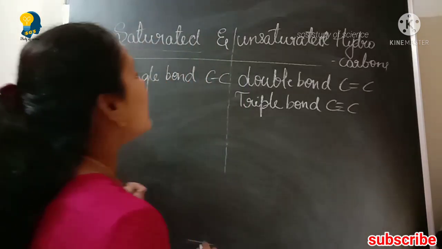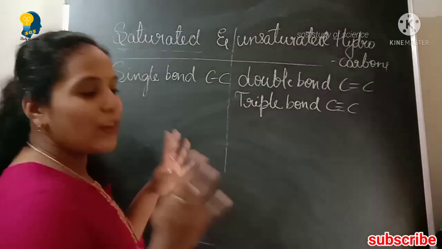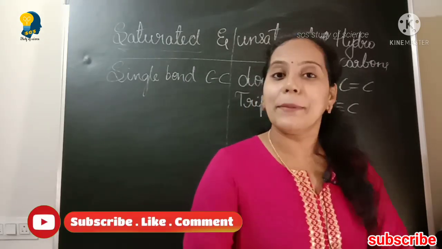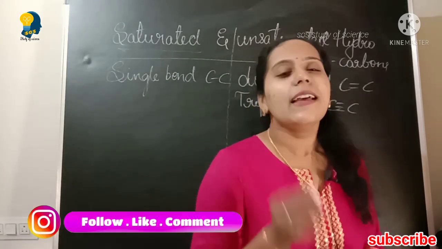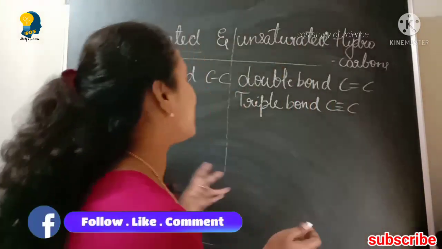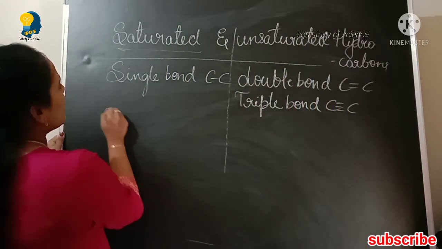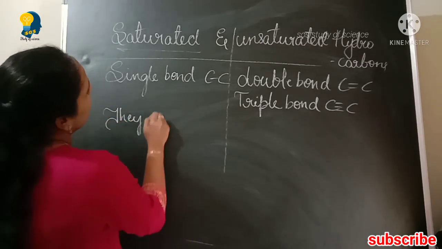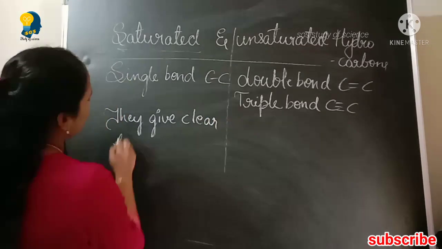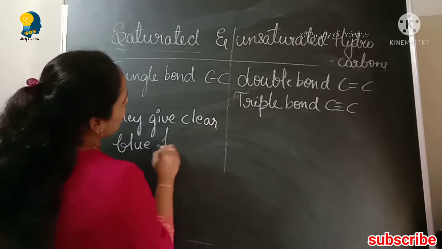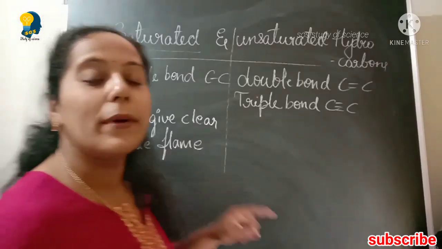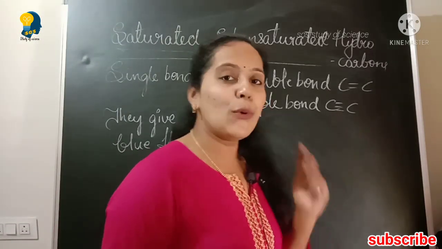Next difference: saturated hydrocarbons, when they burn, when they undergo combustion, give a clear blue flame. Very importantly, you want to understand this. Saturated hydrocarbons burn to give a clear blue flame.